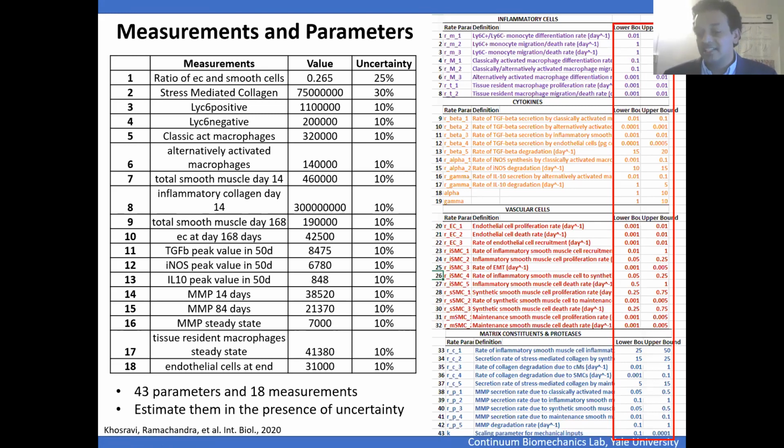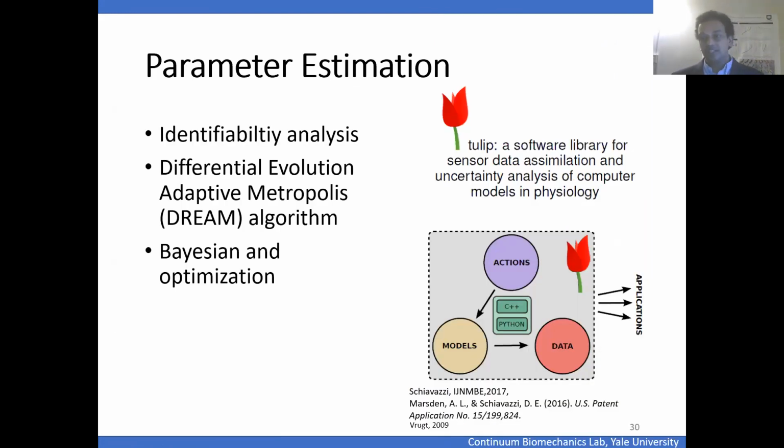So in order to answer this question, we had some fairly good luck with this framework called the TULIP framework, which again was developed in my PhD lab with Alison Marsden, and subsequently my good friend and colleague, Daniele Schiavazzi, who's now at Notre Dame in the applied math department, has been developing and maintaining this code.